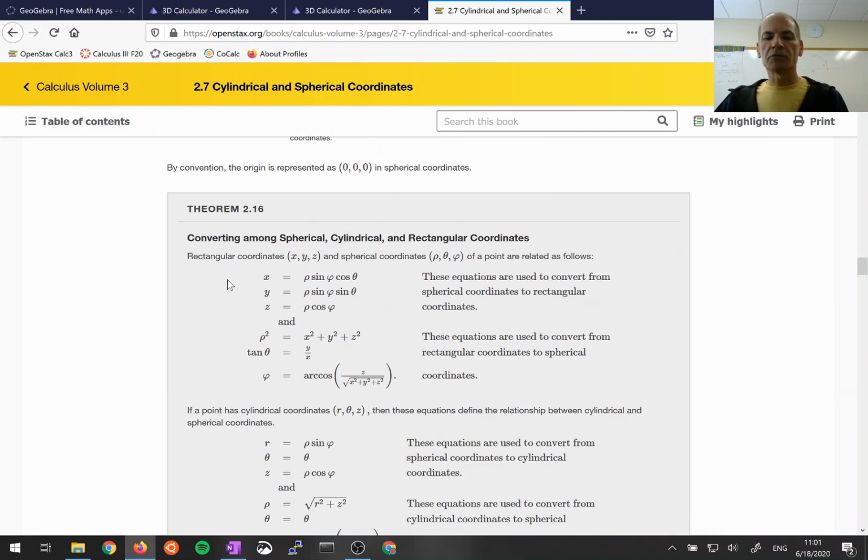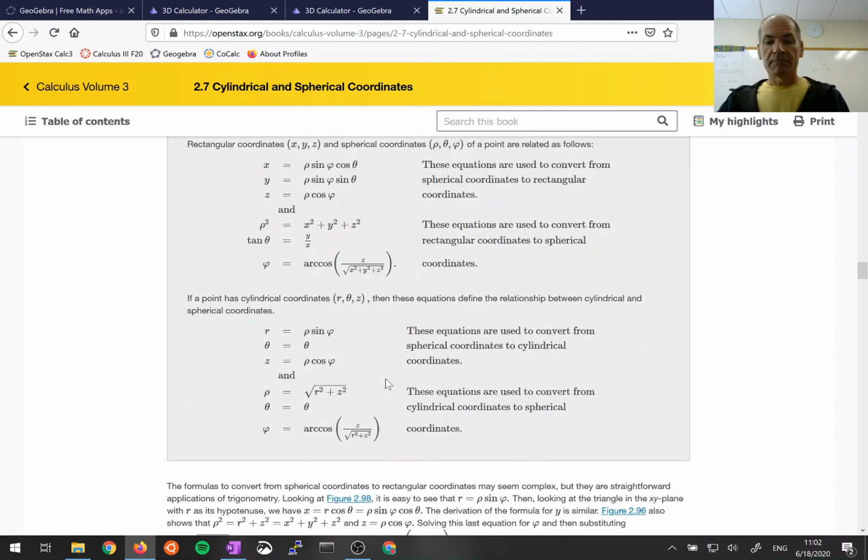If you do a little bit of trigonometry, you can reverse these and learn the useful identity that rho squared is equal to x squared plus y squared plus z squared. Tan theta is y over x, and less useful, but sometimes helpful, phi is the arc cosine of this.